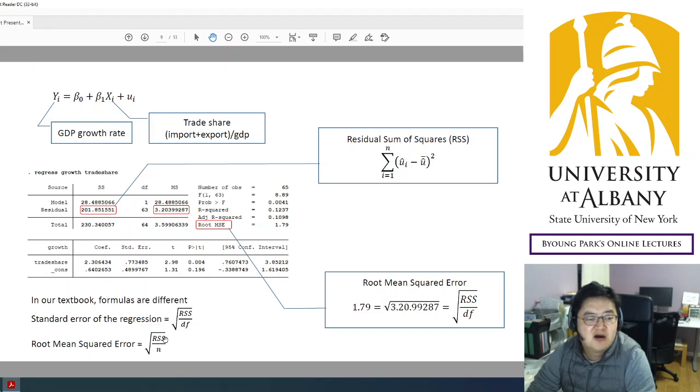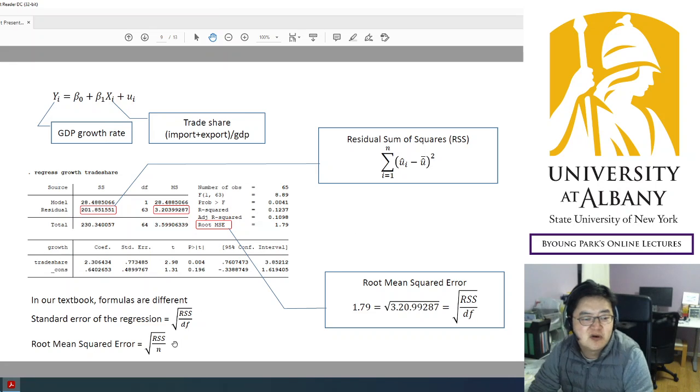As you can see, the same thing is called in different ways. In the end, roughly speaking, you may treat those two things equivalently. You may think the standard error of the regression is interchangeable with root mean squared error. I think that's not that wrong, and it is an easy way to understand.